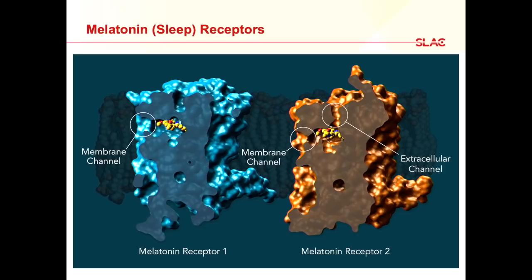But this was studied with melatonin bound to it, as well as different types of drugs and other compounds, and it really allows us to understand how those two molecules interact with each other and potentially be the starting point for designing better treatments for sleep issues. So this would not have been possible without the very intense beam that we use here with the X-ray laser.